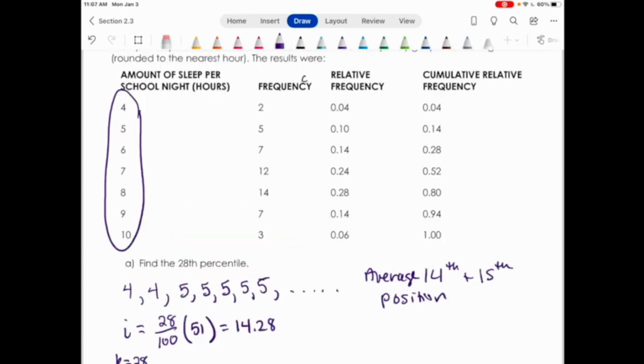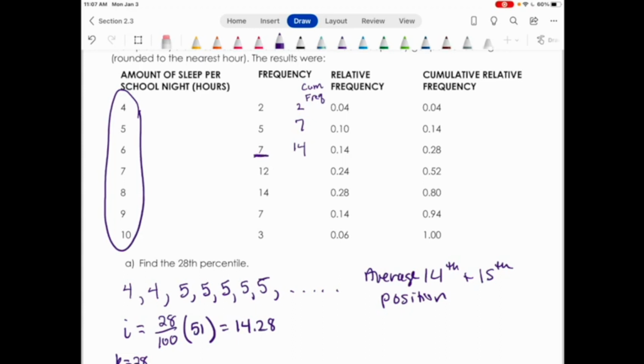I'm going to add in another column here, the cumulative frequency. Okay, so up to this point we have 2. Then when I add in the 5, that gives me a total of 7 values. Then when I add in 7, that gives me 14.